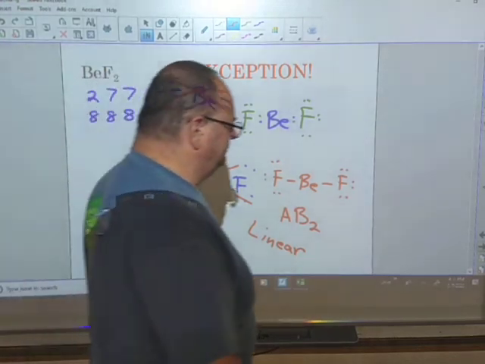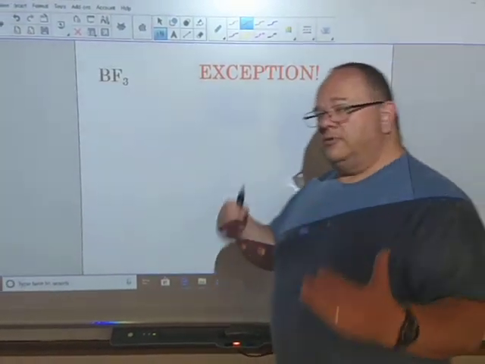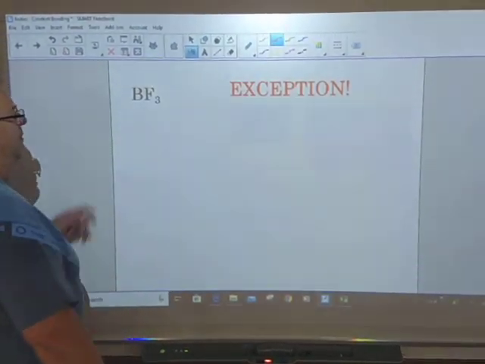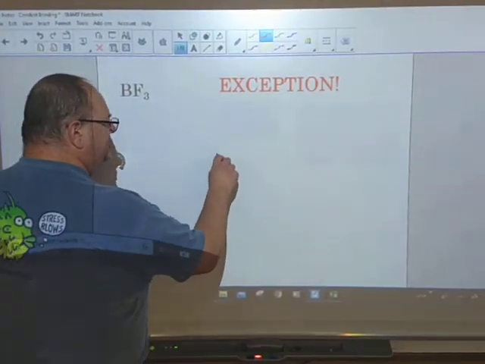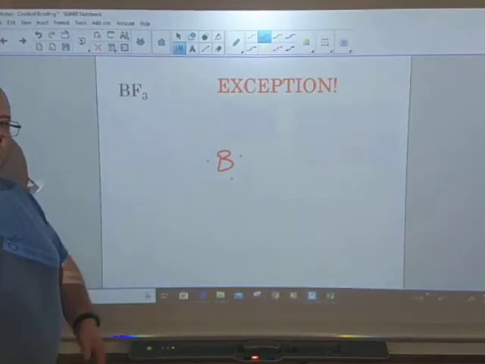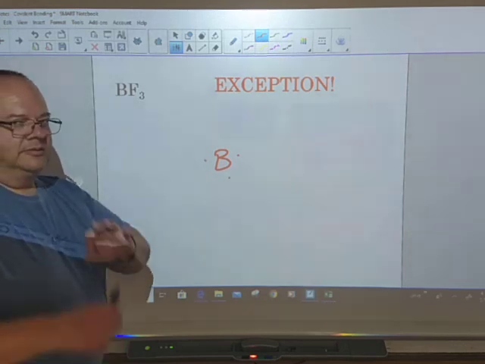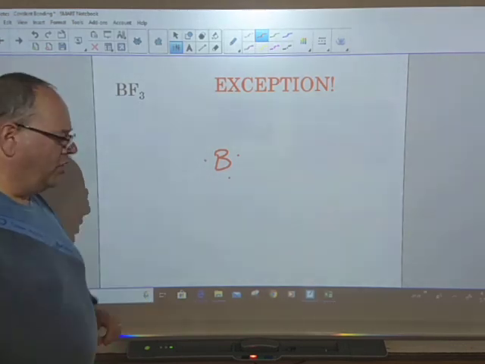One more. And this one is similar to the last one. Boron trifluoride. So, boron, 3 valence electrons. Can you see where it's going already? Fluorine, 7 valence electrons, wants 1 more.